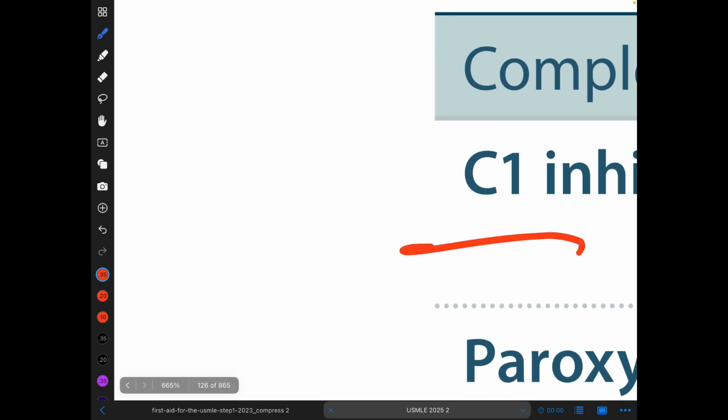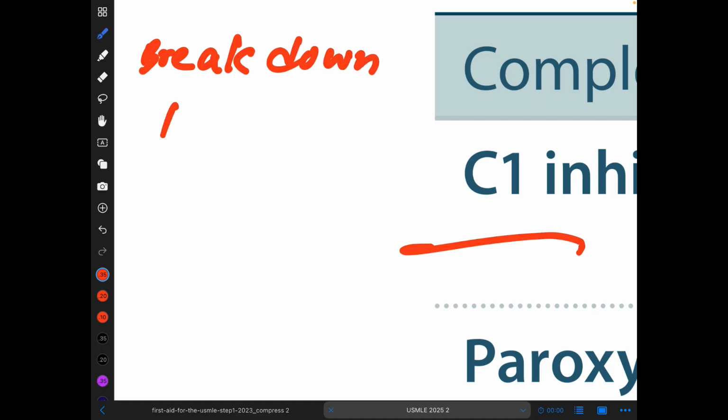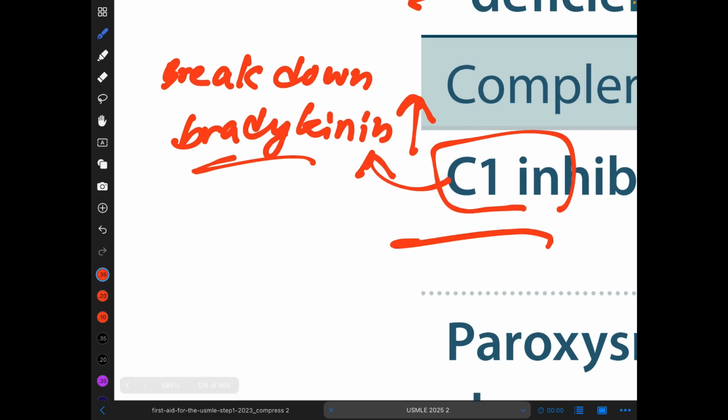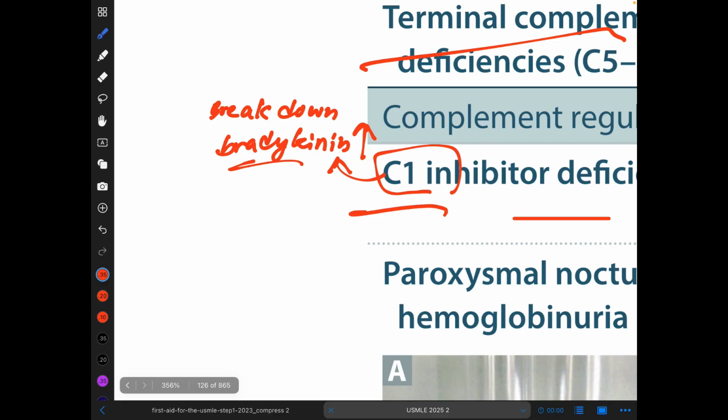The C1 inhibitor protein is going to break down bradykinin. But due to deficiency of C1 inhibitor, there will be an increase in bradykinin in the body, and bradykinin causes vasodilation. This deficiency leads to a high bradykinin level, and that will give episodes of swelling and edema.